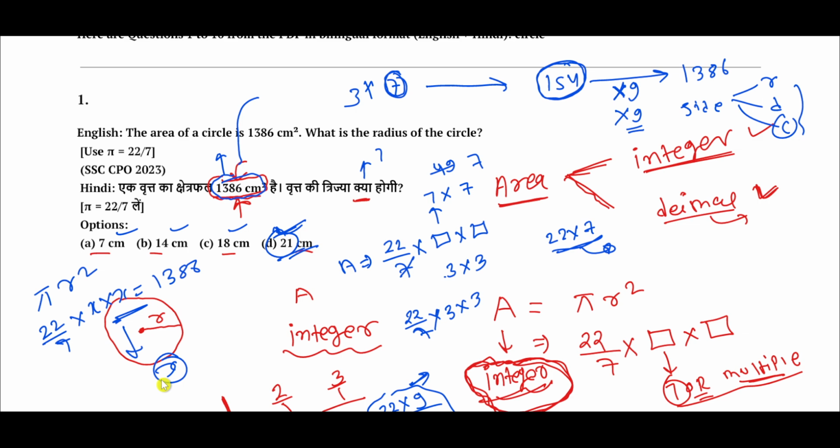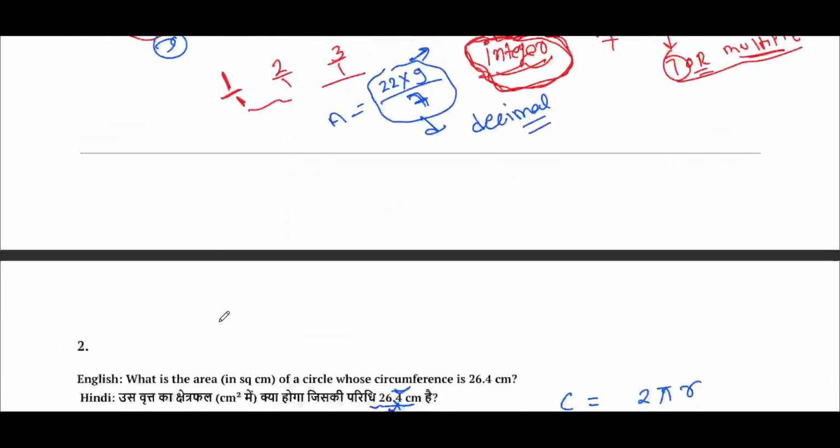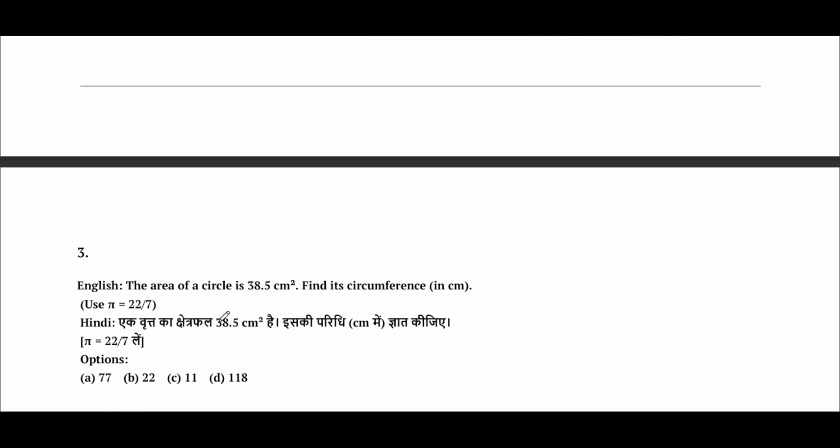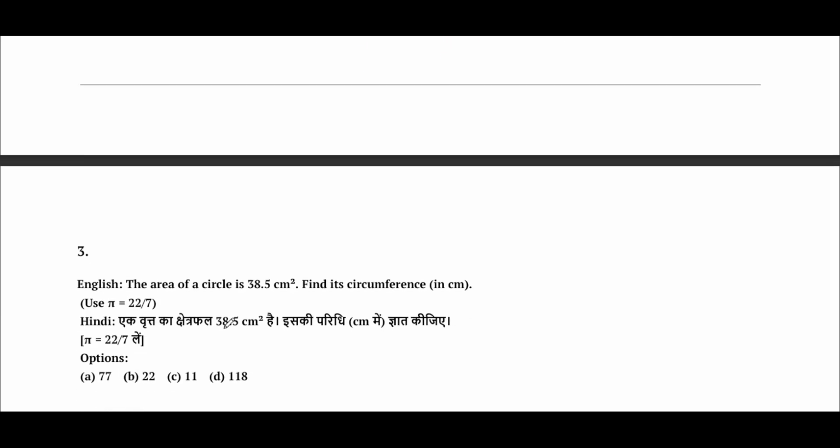Many times I am using that if the area is integers, maybe I quickly eliminate, then the radius must be in integers. Just as I gave you all the things until now, I am teaching you to use the applications.